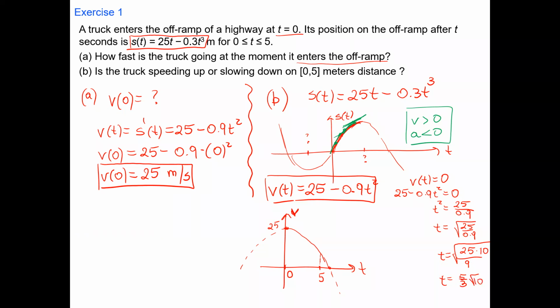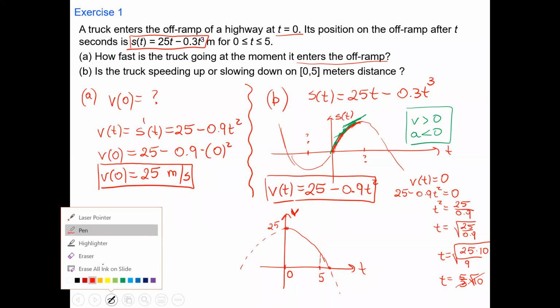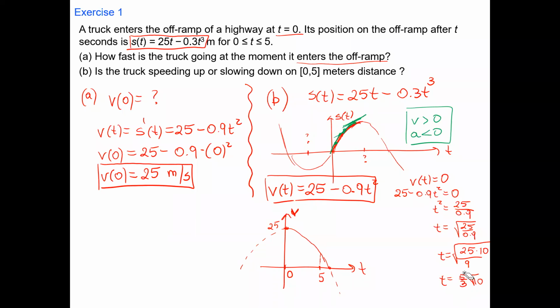This number is definitely more than 5, because 5 over 3 times the square root of 10 is more than 5: the square root of 10 is a little bit more than 3, since the square root of 9 is 3. If it were exactly 3, I could cancel out and get 5, but it's more than 3, so I multiply 5 by a certain fraction.